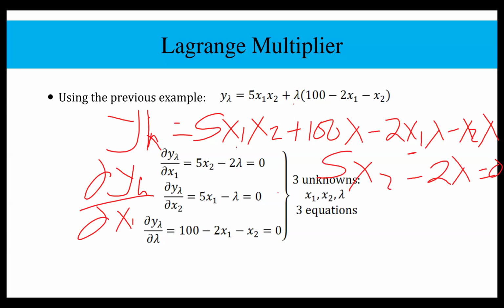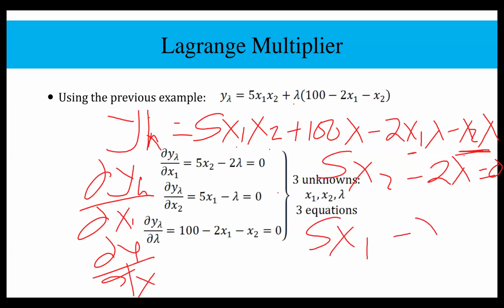Then again, when we come to do the second partials with respect to x2, you will just have this x2 is disappearing, then you have 5x1. Where else we have x2 is here, we have minus x2 lambda, so it will just be minus lambda because x2 is disappearing, set equal to 0. And the next one, we are differentiating with respect to lambda, the last one.